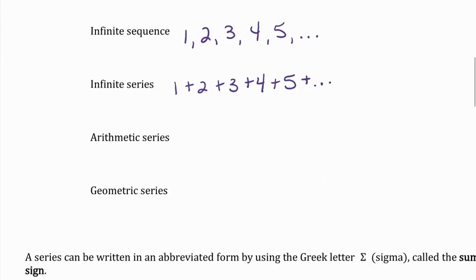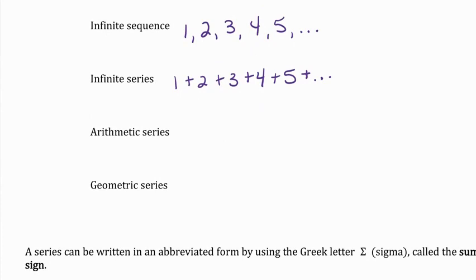A quick reminder, we talked last week about arithmetic and geometric sequences, where they have a certain pattern. Arithmetic, you're adding the same number to get the next term each time. Geometric sequences, you're multiplying by a number to get the next term. An arithmetic series or a geometric series has the same exact pattern, it's just that we're adding all the terms together.